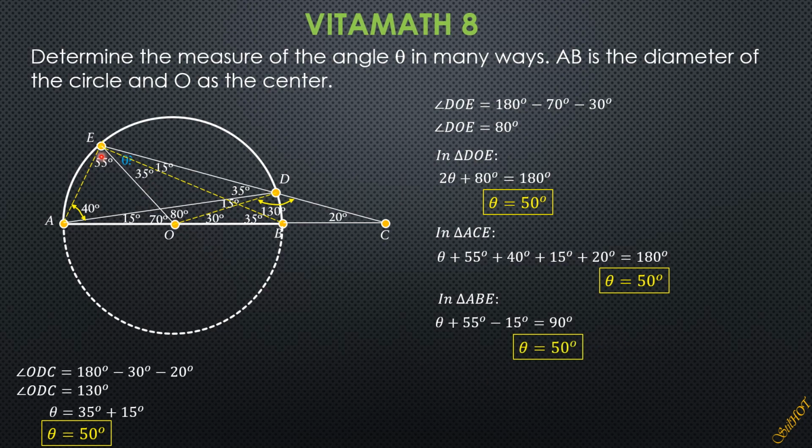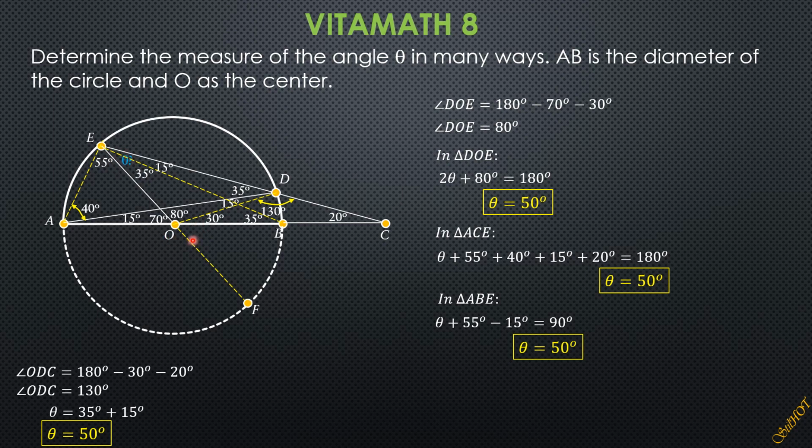Finally, if we extend this radius EO here, then because theta, assuming we do not know this, subtends arc DF, theta subtends arc DF, then the angle here, 30 degrees plus this angle, should be twice of theta.